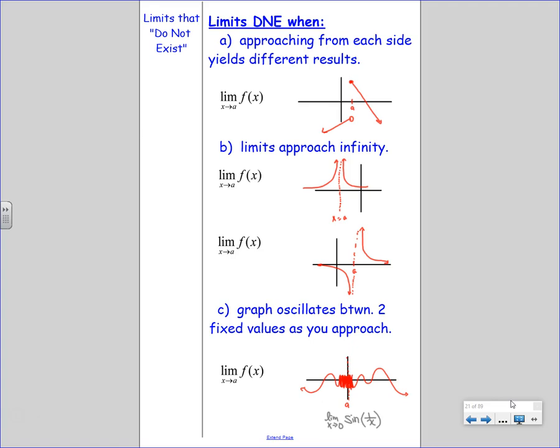And here are 1, 2, 3, 4 different illustrations of when the approaches will not agree.